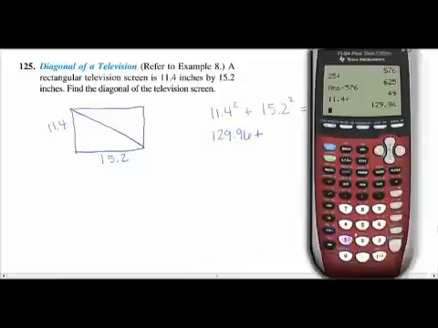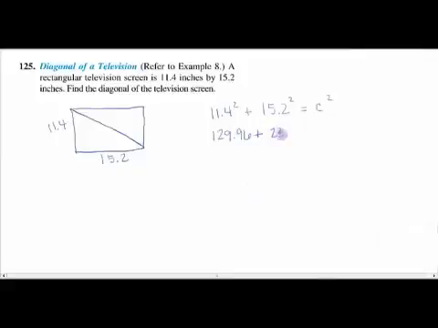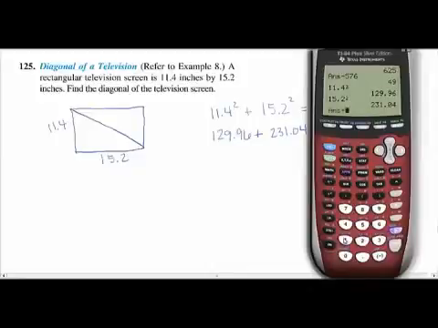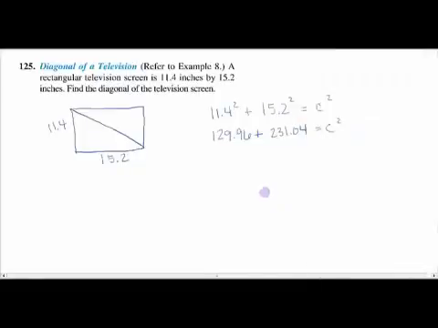and 15.2 squared is 231.04, and I'm going to add those together. And that gives me 361.